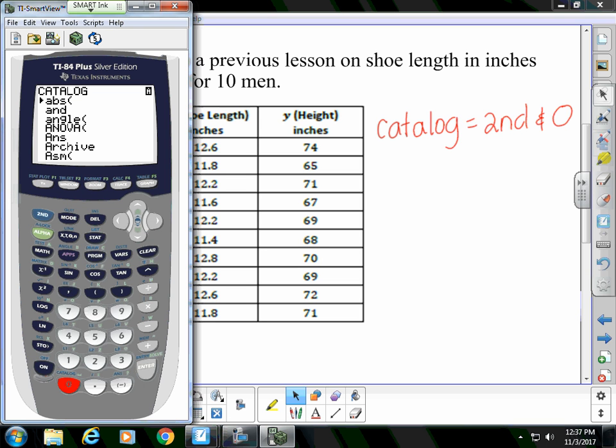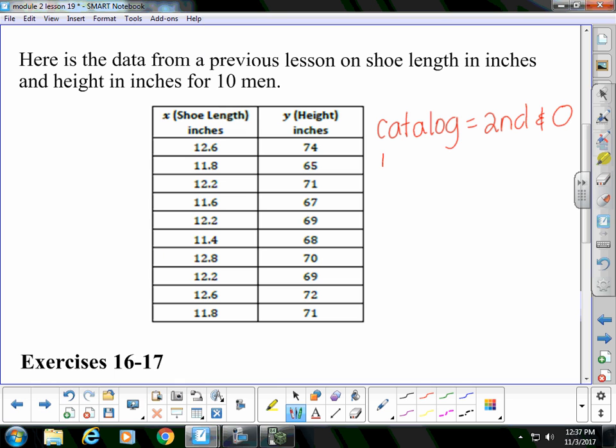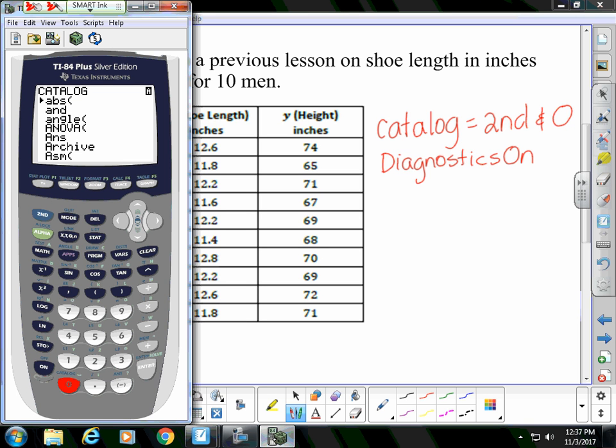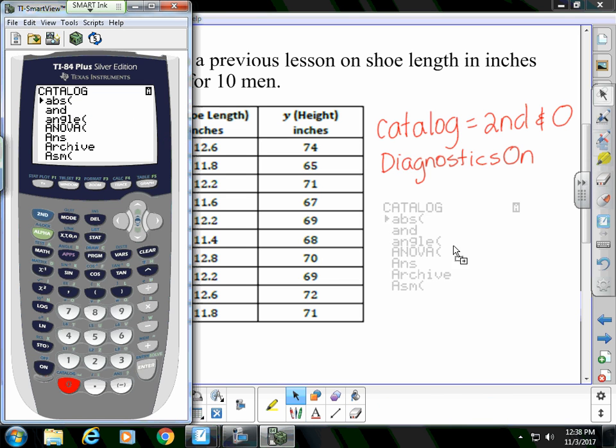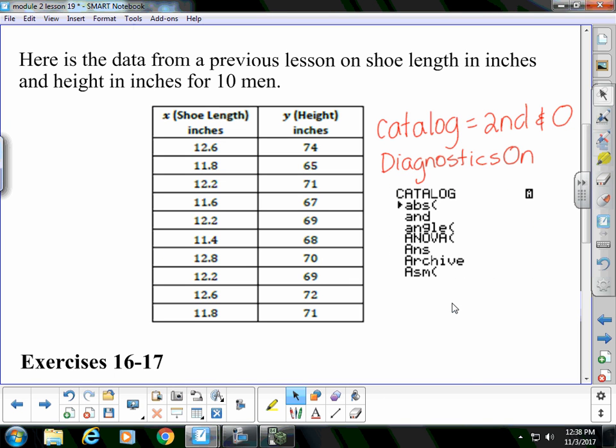We're looking for diagnostics on. You can either scroll all the way down to diagnostics on, or you'll notice up at the top it says the alpha is locked. That's what this stands for, alpha lock.